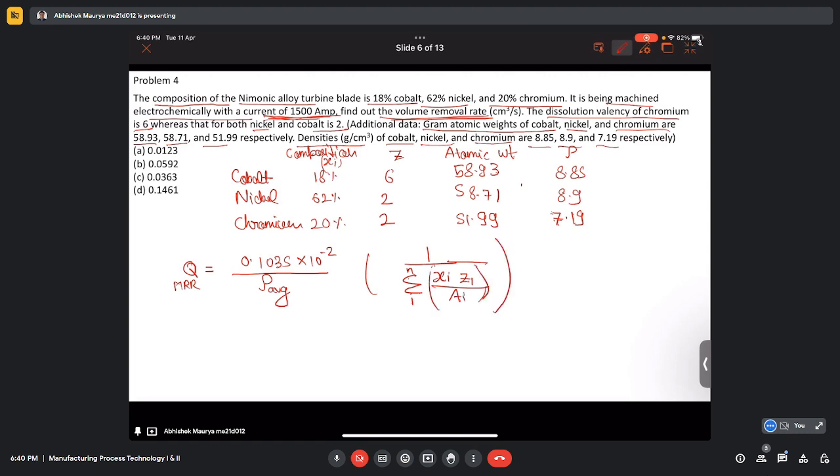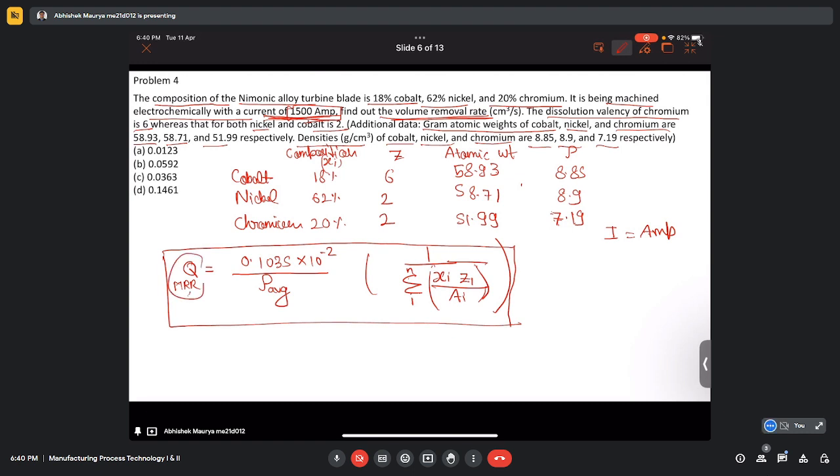So this is the relation from which we can find out the material removal rate for the given alloy. Also, what has been given? Current I value is given in amperes. So this is the MRR per unit charge.